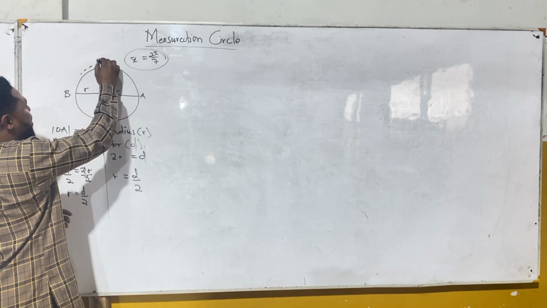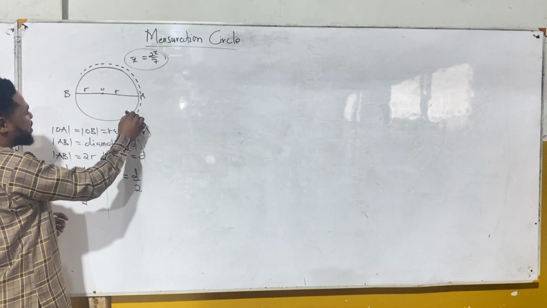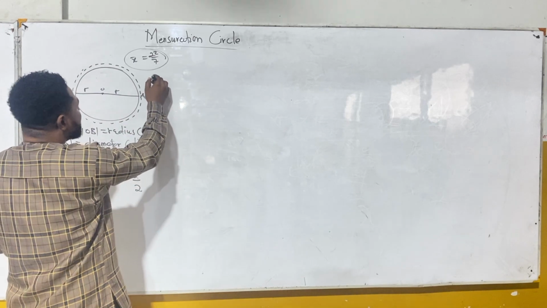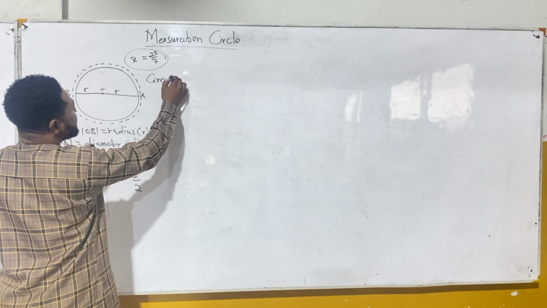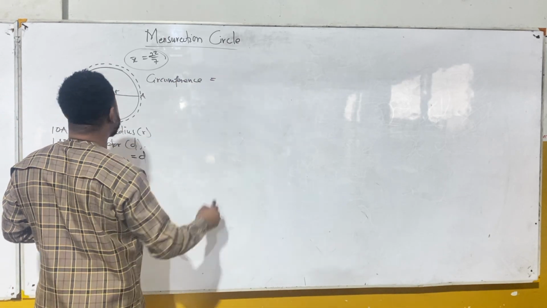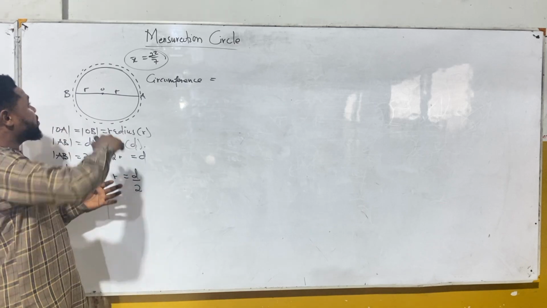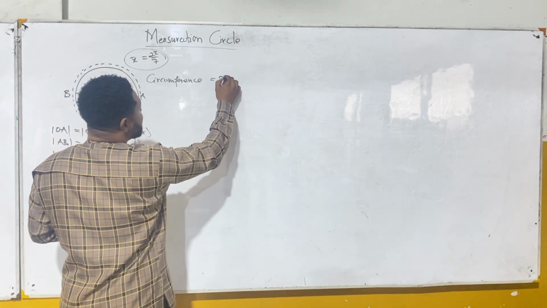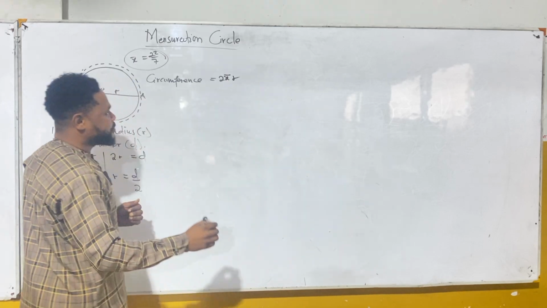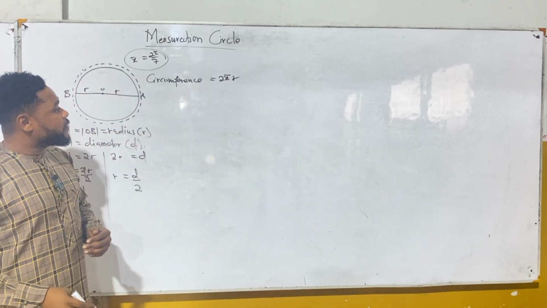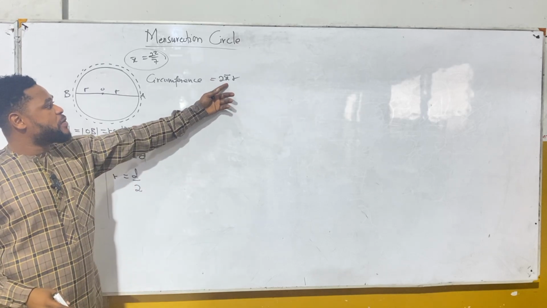The distance around the circle in mathematics, we call the circumference of the circle, or we can call it perimeter. It is given as 2 pi r. So this is the formula for finding the circumference of the circle, 2 pi r.